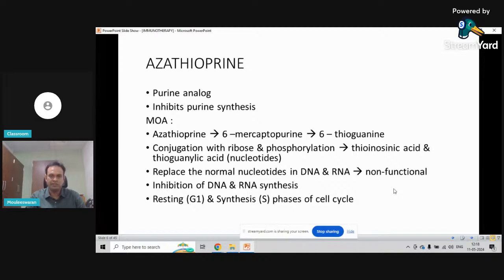These are the nucleotides which are responsible for the synthesis of DNA and RNA. So they replace the normal nucleotides in the DNA and the RNA, thereby rendering the DNA and RNA non-functional. So thus it inhibits the synthesis of DNA and RNA. Therefore the cell cycle progress gets arrested.